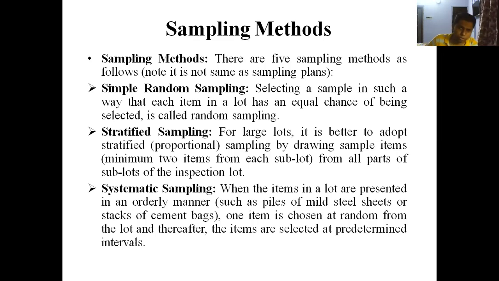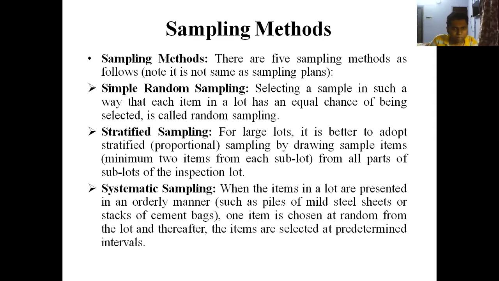That means in case of large lots, instead of simple random sampling, you divide the large lot into some sublots, and from each sublot you collect the samples. That is known as stratified sampling, to make sure that from every part you have collected samples.